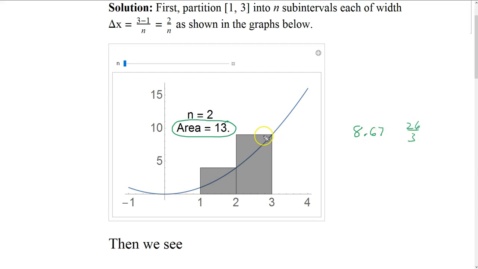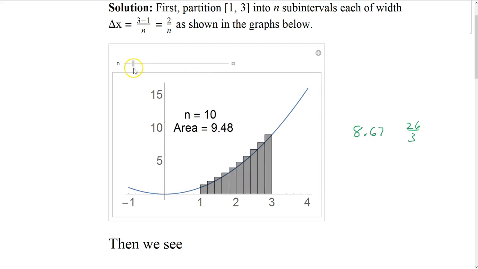Notice how it approaches this number from above. That means that this number decreases towards 26/3 as n approaches infinity. Just watching this, as n increases, notice how those numbers are decreasing, the areas are decreasing towards 8.67. And if we let n get larger than 100, if our graphic would let us do that, you would see this number getting closer and closer to 8.6 repeating.